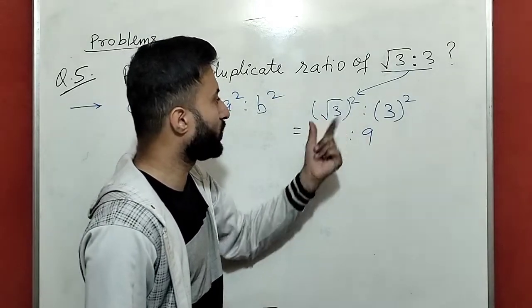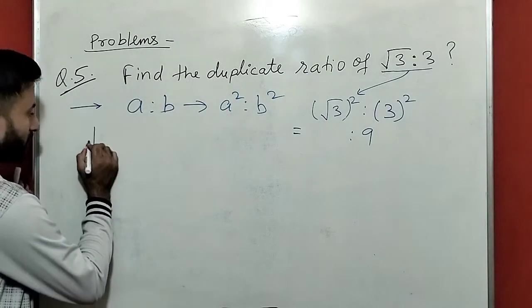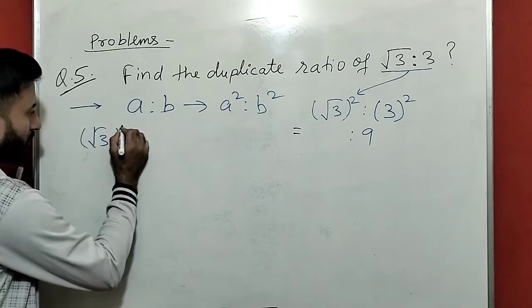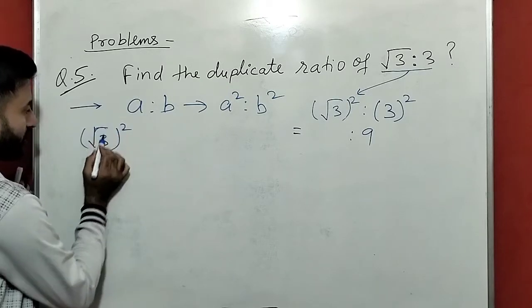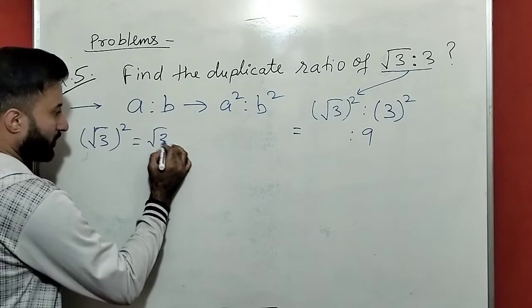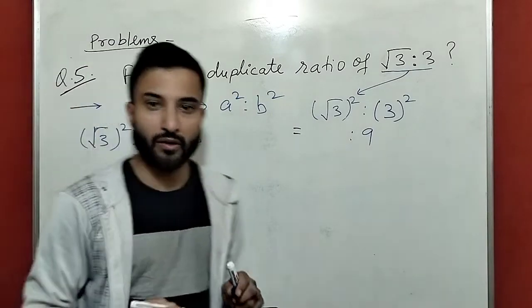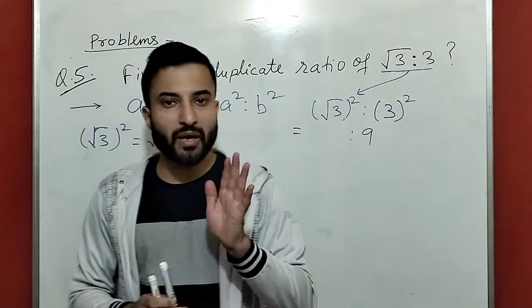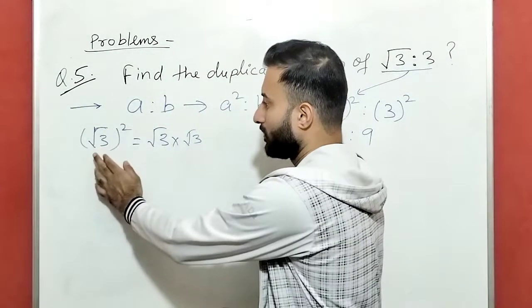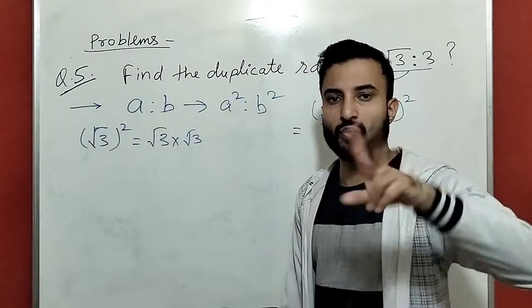Now we have to find root 3 square. Root 3 square means we write it as root 3 into root 3. Guys, remember, I will give you two methods to find that.